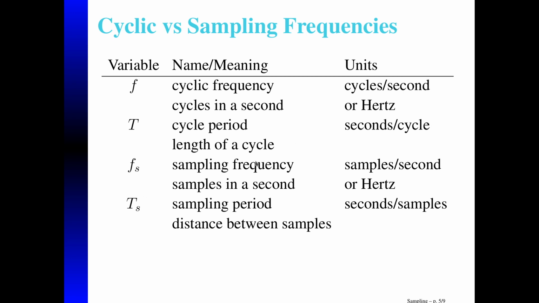F sub s now is the sampling frequency, which is the number of samples in a second, and that's the unit, but this also is commonly referred to as hertz. So you have to pay attention to your situation to know, are we talking about cycles in a second or samples per second? And then the sampling period is the distance between samples. It's the inverse of F sub s, so its units are also the inverse of this, so it's seconds per sample.